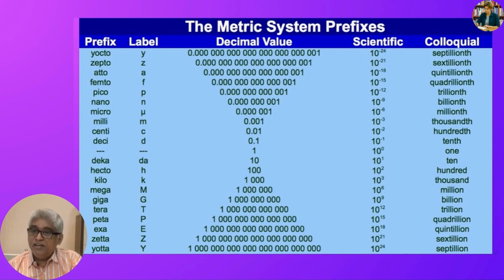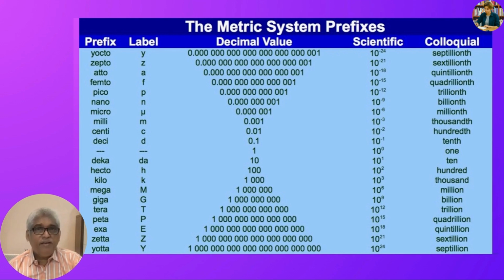And in the last column, it is shown how to pronounce it, that is millionth part, billionth part, like that. This is for smaller quantities. Similarly, you can express it for bigger quantities also: 100, 1000, million, billion, trillion, like that. Because these are the things which people generally follow in daily life.